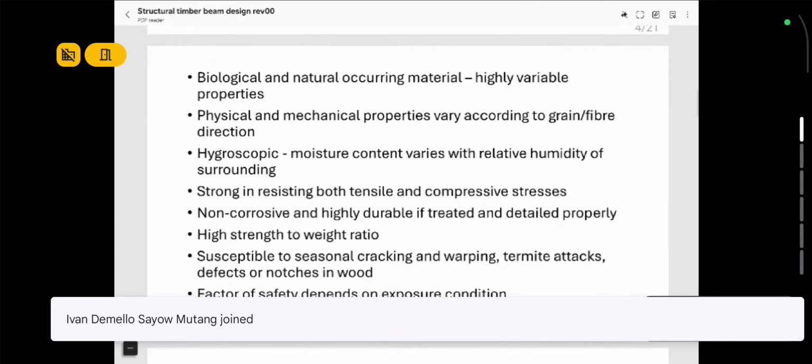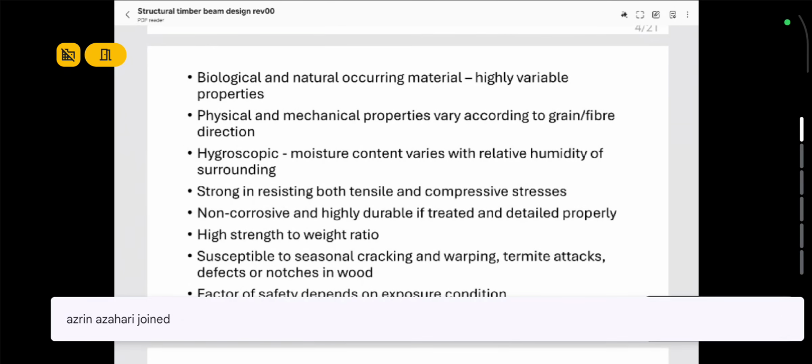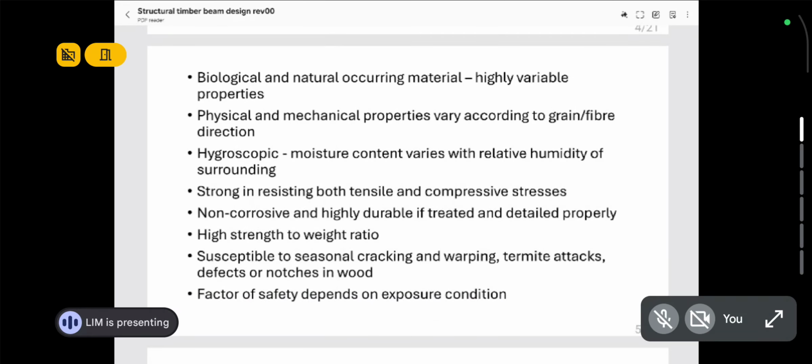Timber is a biological and naturally occurring material. What that means is the material is highly variable as well. Different trees grow at different rates, and the soil condition and the exposure to the sun dictate how strong it gets. So even though you may get timber from the same type of trees, the strength may not be the same.